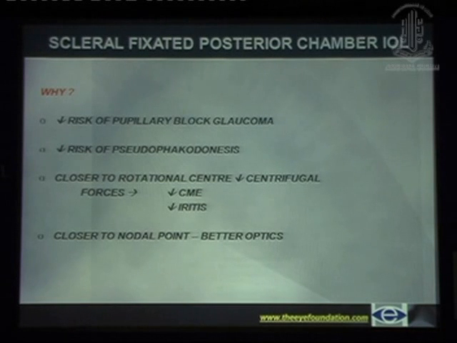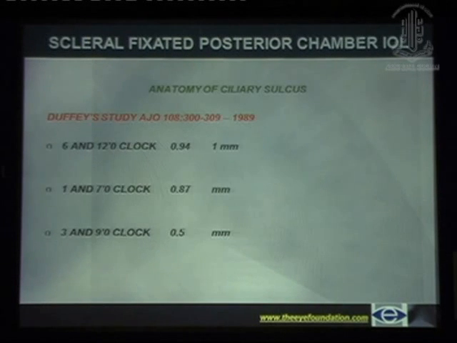There is decreased risk of pupillary block glaucoma, decreased risk of pseudophacodonesis, and the lens is closer to the rotational center of the eye, so it reduces the centrifugal force and thus reduces CME and iritis. And one more thing, it is closer to the nodal point of the eye, so obviously it will give better optical quality of image.